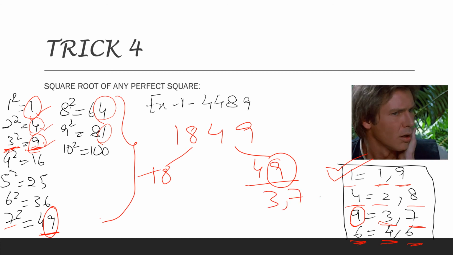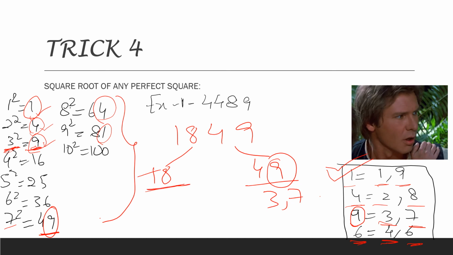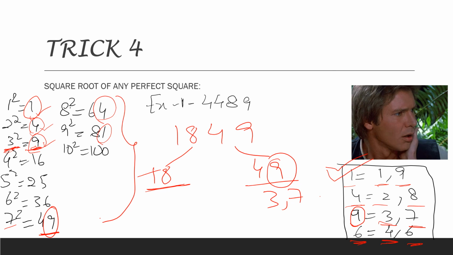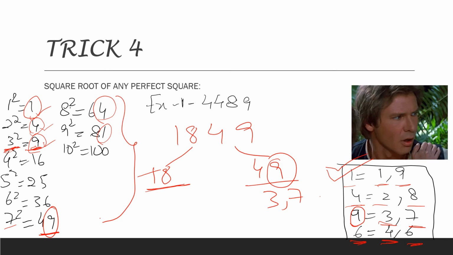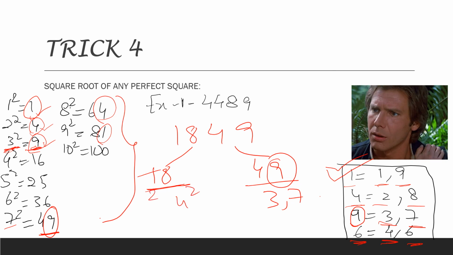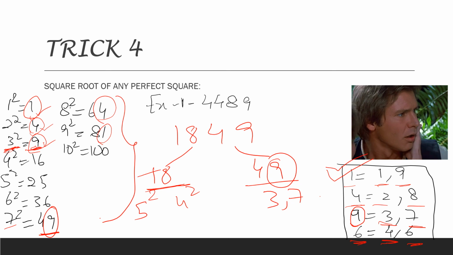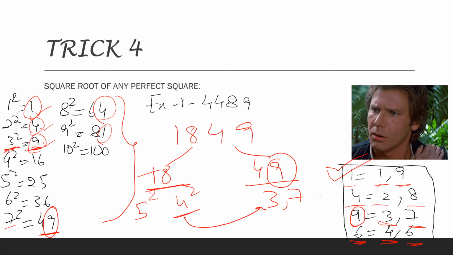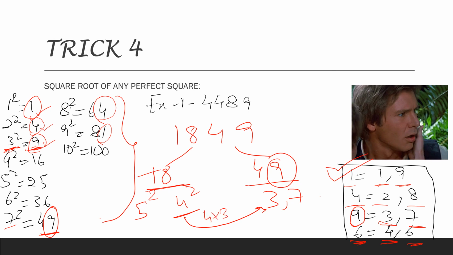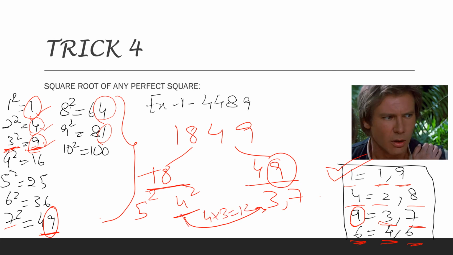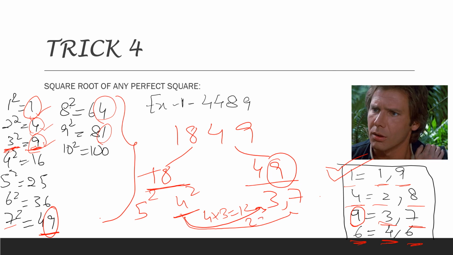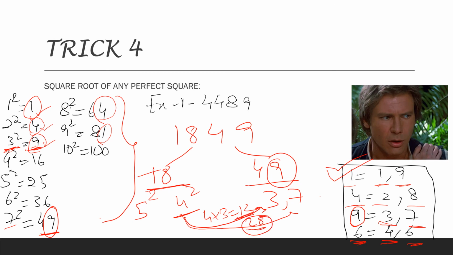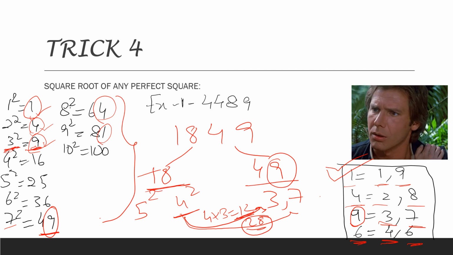Here the nearest perfect squares are 5 square and 4 square. The smallest among these two is 4. So you'll have to multiply 4 with 3, which is 12, and 4 with 7, which is 28. Now the biggest number among 12 and 28 is 28. Now compare this 28 with 18.